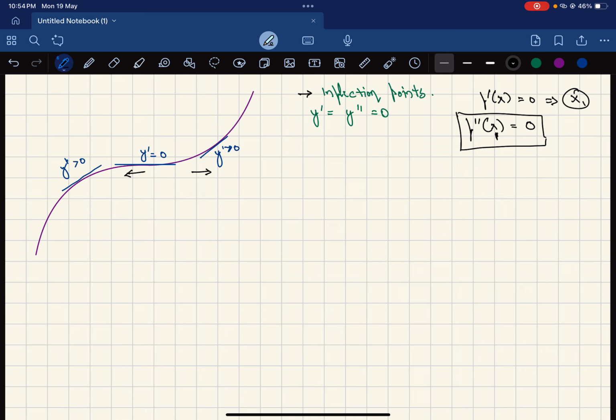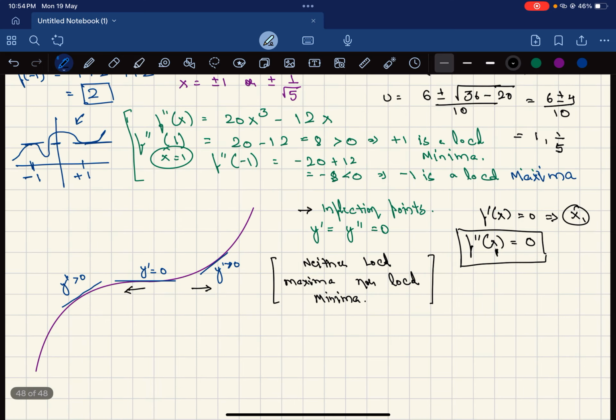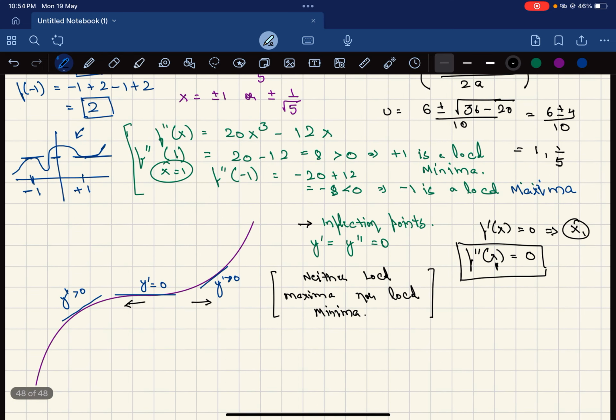So this is clearly neither a point of local maxima nor local minima. This is called an inflection point, and therefore this is not really very useful for any analysis which we normally do.